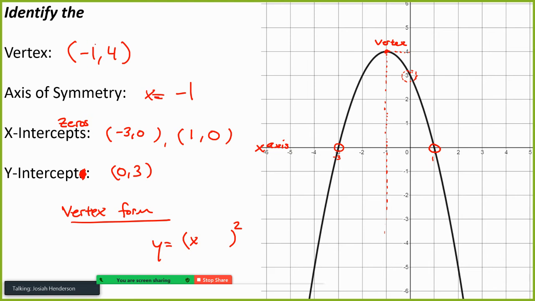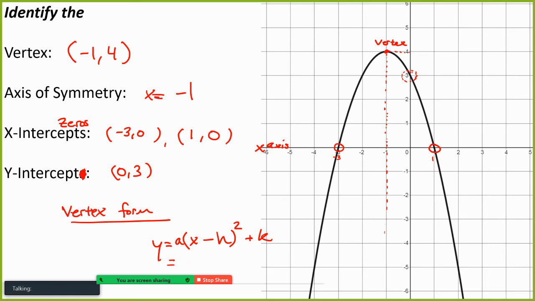The vertex here was -1. But remember, the formula is x minus h. Here, I'll put it in generically again: a times x minus h squared plus k. So that x minus is always changing the sign of what it looks like the vertex should be for h.